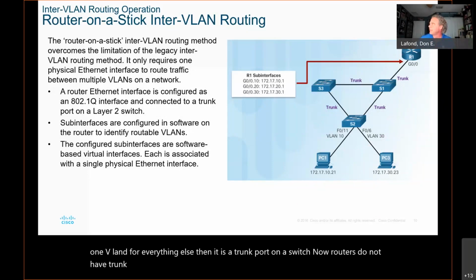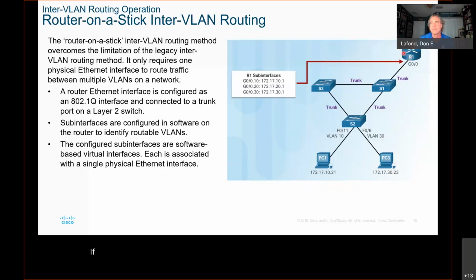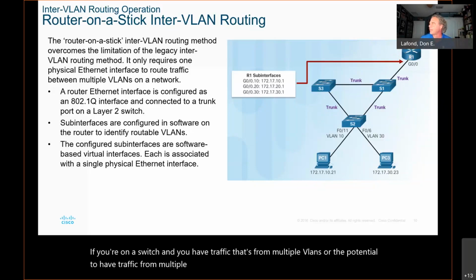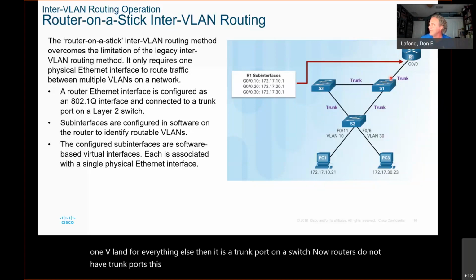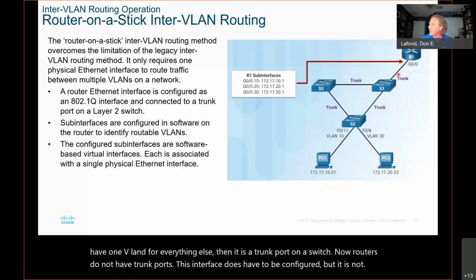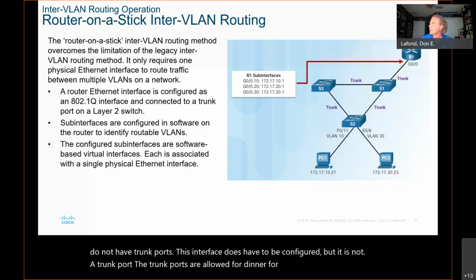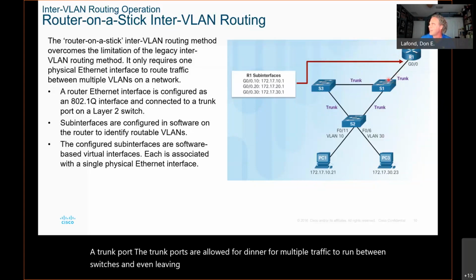This interface does have to be configured, but it is not a trunk port. The trunk ports allow for multiple traffic to run between switches, and even leaving the S1 here and heading to the router, you have multiple traffic on that port.